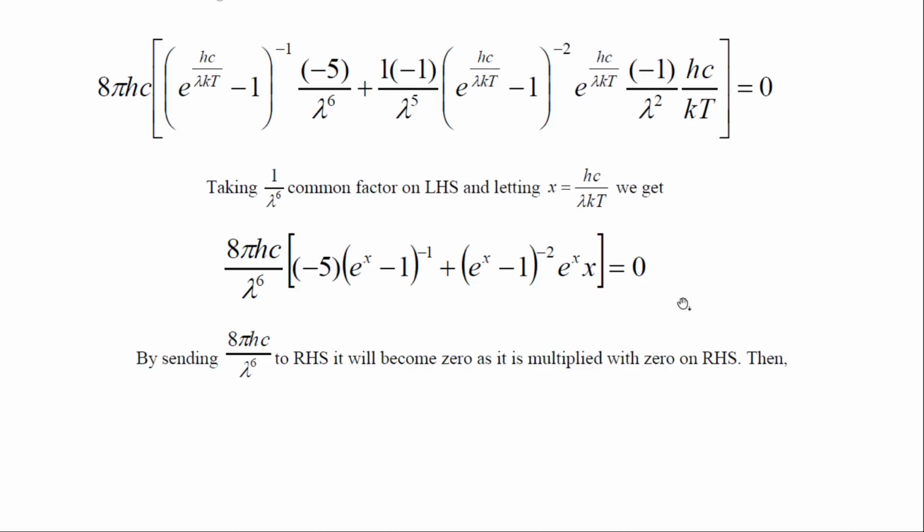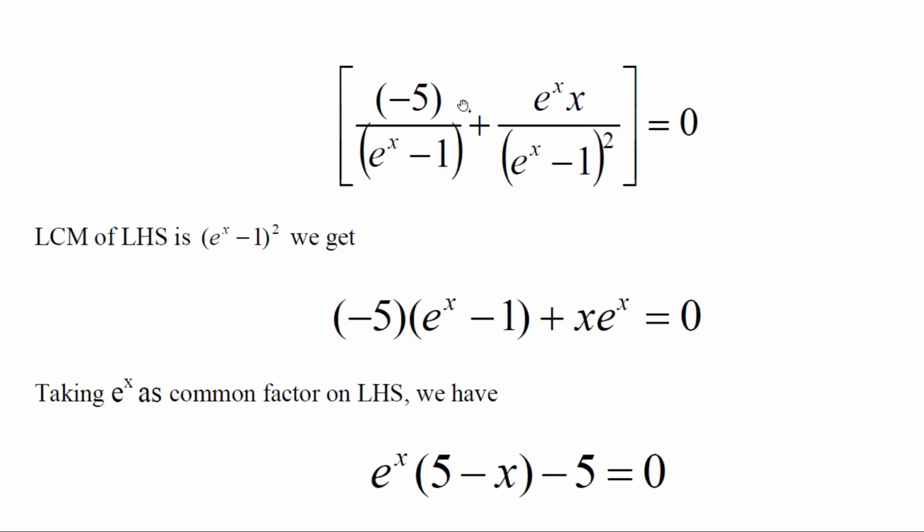Then I have rewritten the negative powers in the denominator. It will be minus 5 divided by (e^x minus 1) plus x e^x divided by (e^x minus 1) whole square, equal to 0.